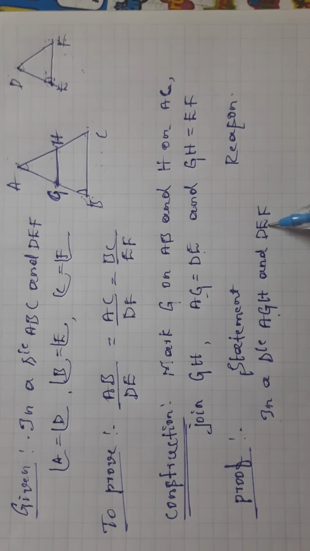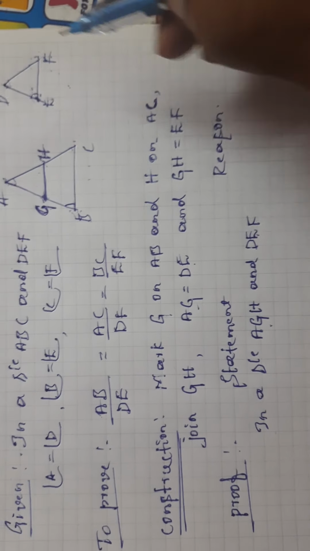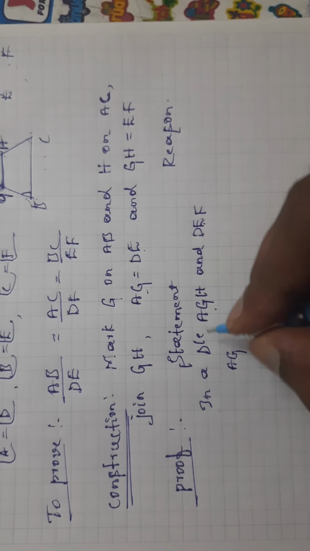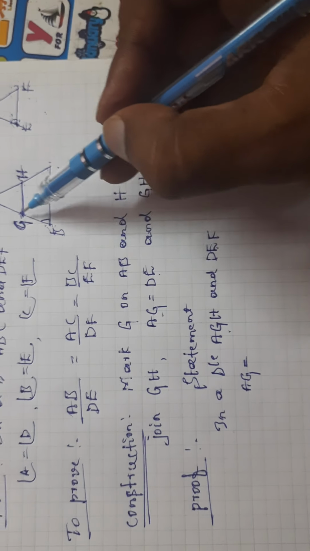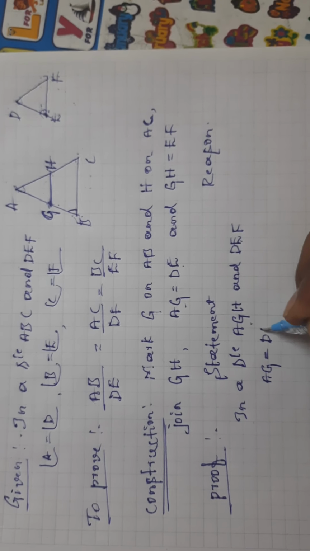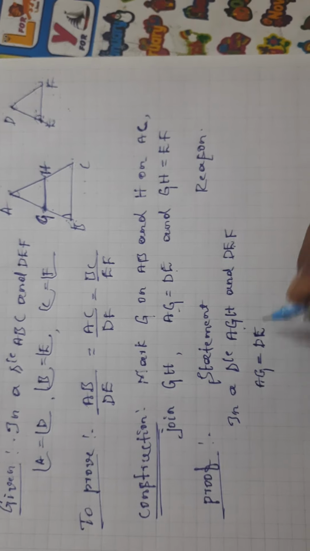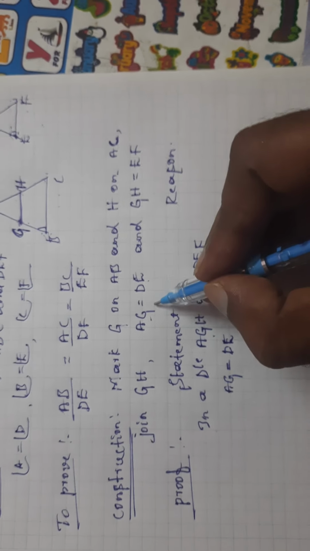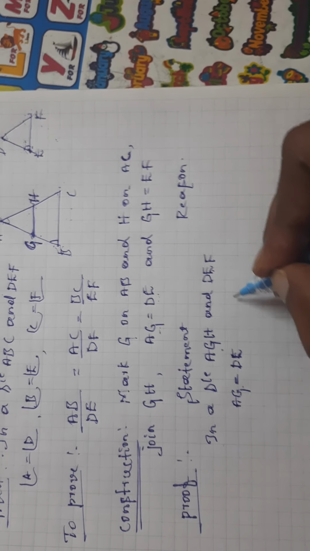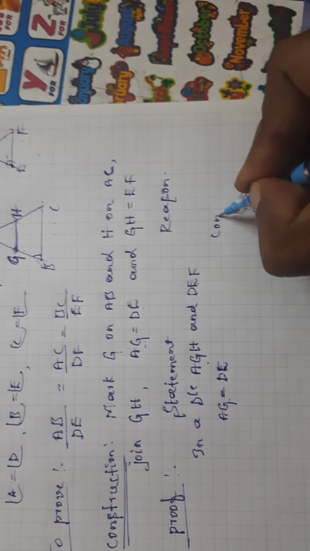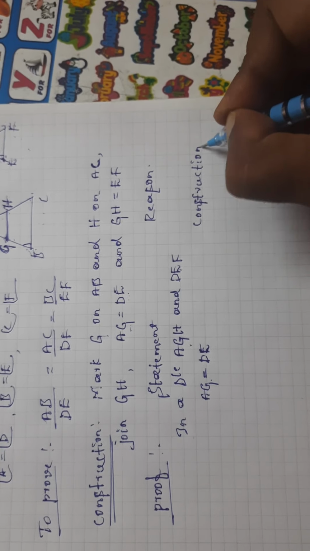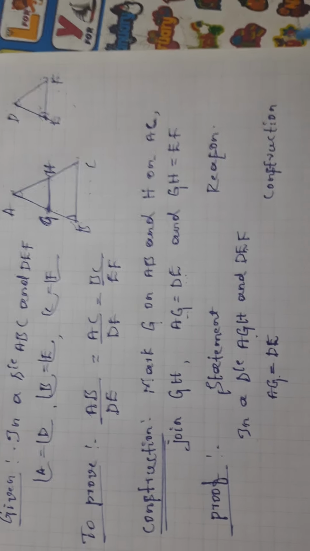Let us consider AGH and DEF. Take the two sides: AG is equal to DE. This is one side. These two sides are equal because of the construction. The reason is construction. SAS: what is the included angle?